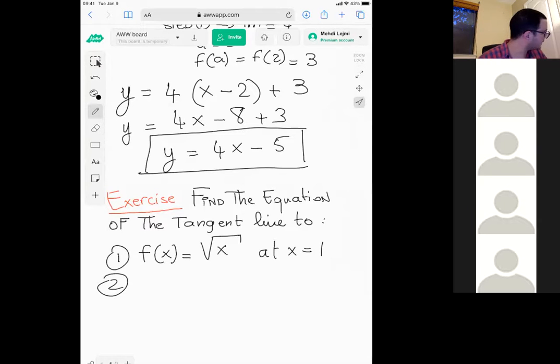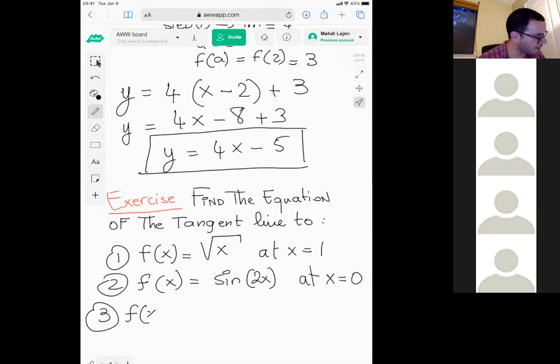Number 2, f of x equals sine of 2x, and you need to find the equation of the tangent line to this function f at x equal to 0. And last one, f of x equals x cubed at x equal to 1.